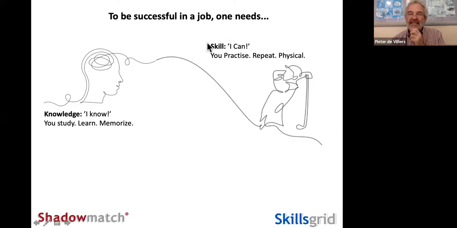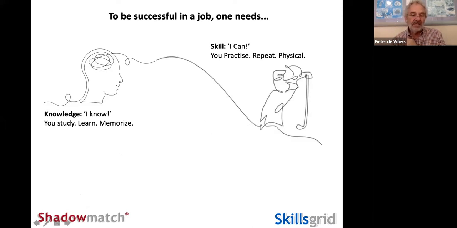So the skill is to physically execute the job in such a way that it works fluently, optimally, and successfully. So it's a skill, it's something we acquire through practice, we repeat, and it's a physical thing. Skills are always related to physical activities.